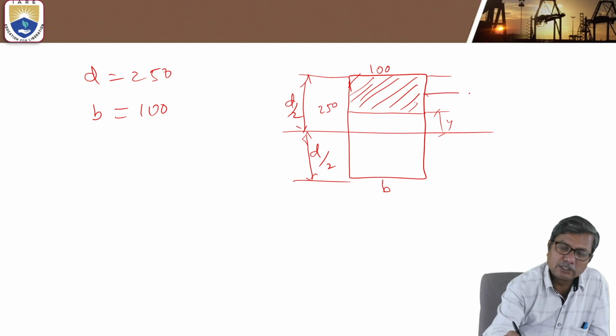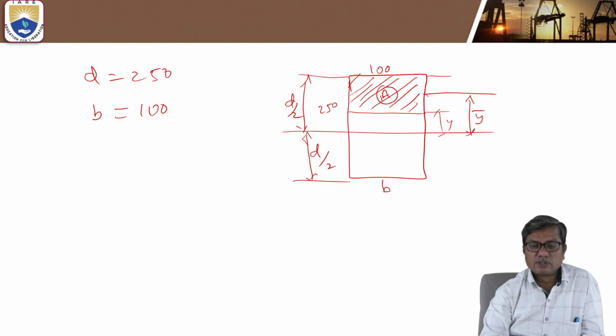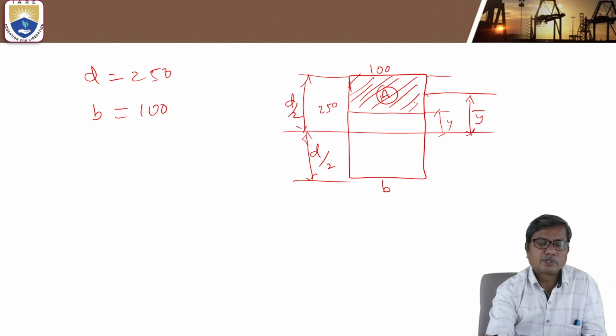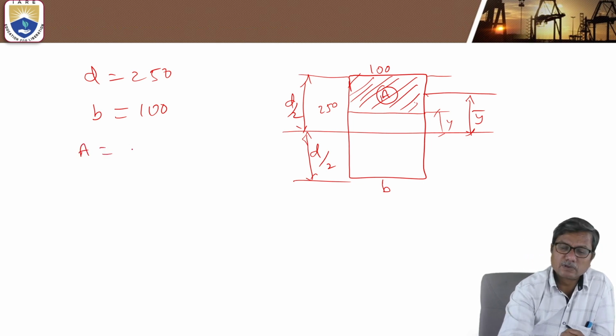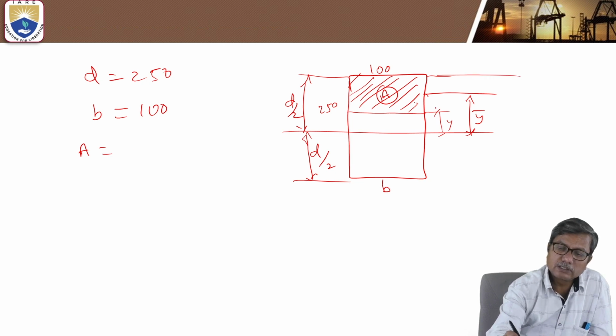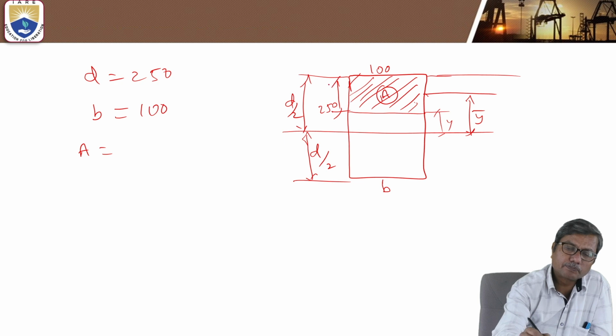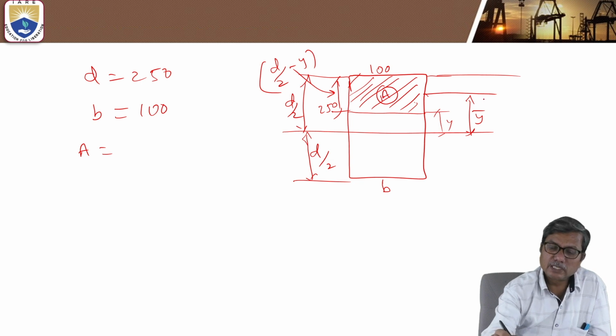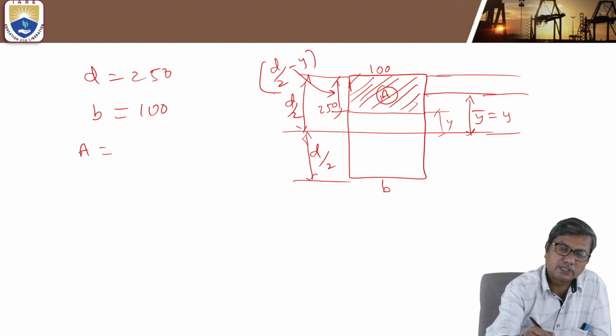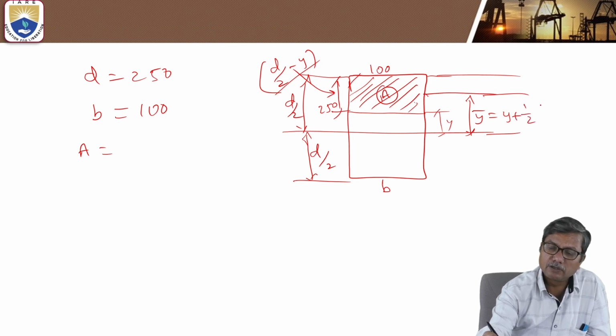Now the distance of centroid and the area of this is A. So the area A is equal to, depth of the shaded portion is d by 2 minus y. And y bar is equal to y plus half of the depth, that is half into d by 2 minus y.